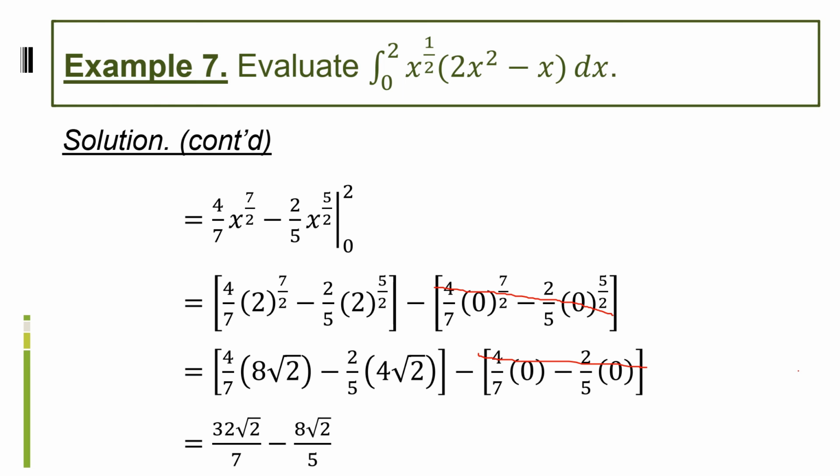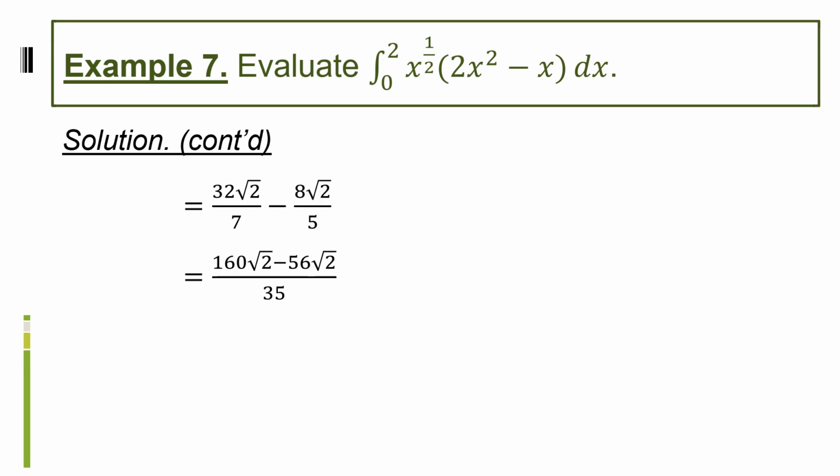Or that is 32 square root of 2 over 7 minus 8 square root of 2 over 5. Making it a similar fraction, that is 160 square root of 2 minus 56 square root of 2 over 35, or 104 square root of 2 over 35. And in decimal form, that is approximately equal to 4.20.